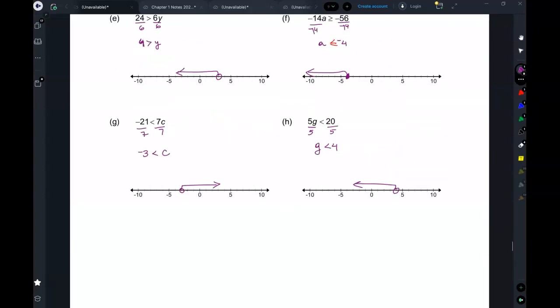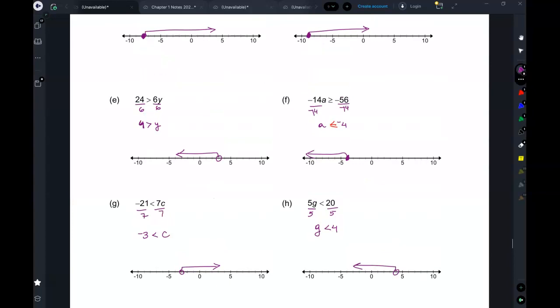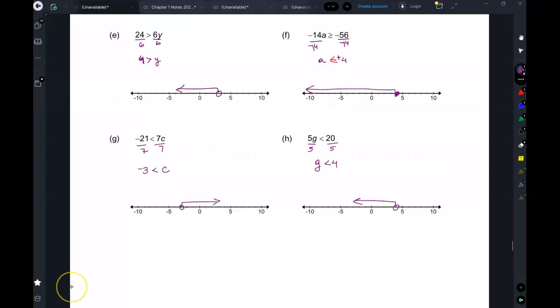Okay. So in this page, through H, I only had to flip the sign once. Did I not bring it up here today?